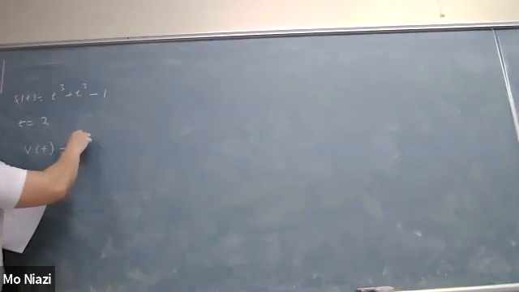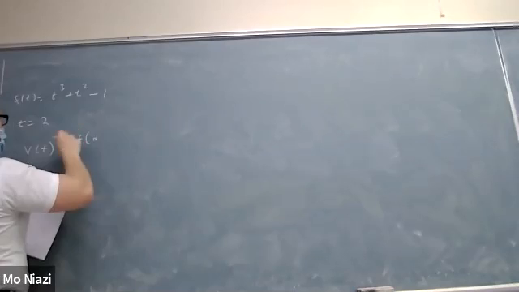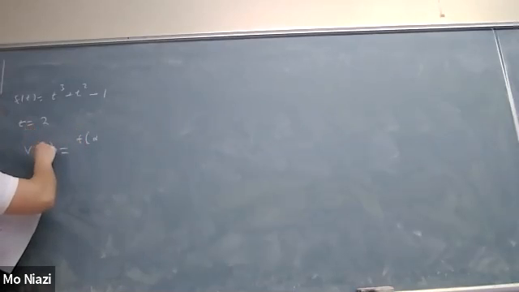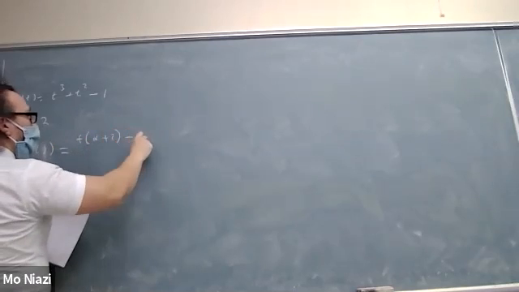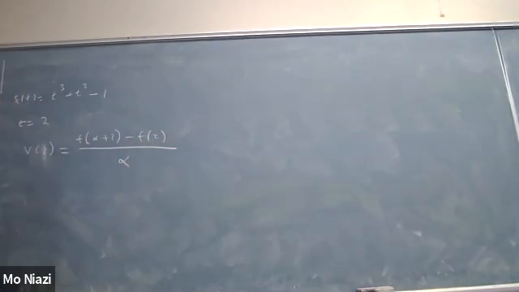It's your f of alpha. So v of 2 is your f of 2 plus alpha minus your f of 2, all over your alpha. If we get to it today, you'll see that this is intimately related to the derivative.